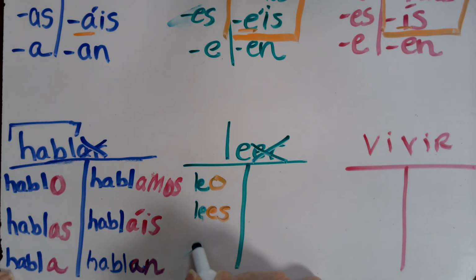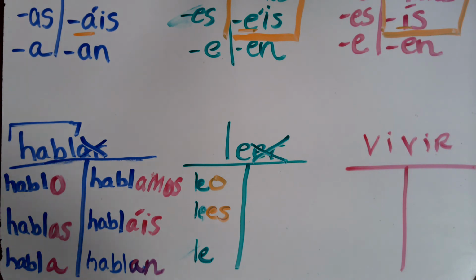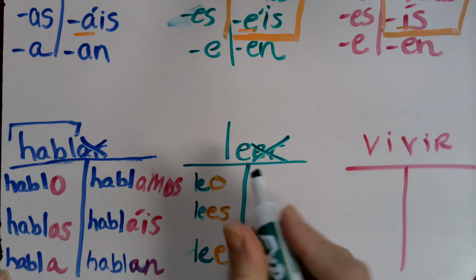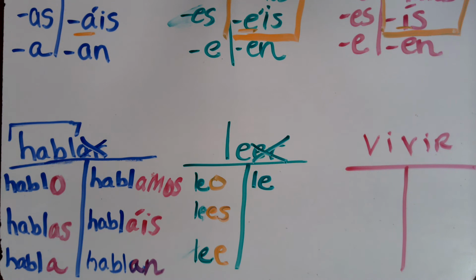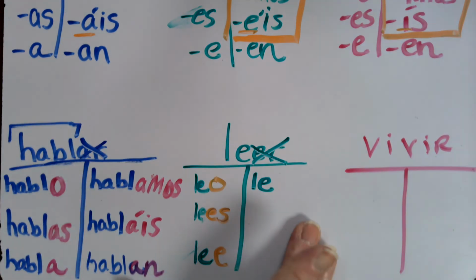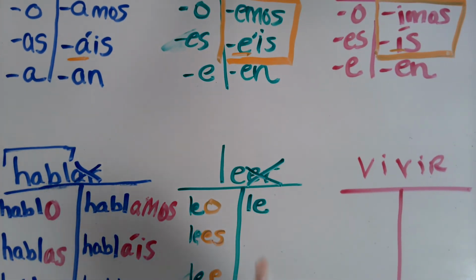For he reads, she reads, I'm going to start with my stem. Come up here and check. Okay, so my ending will be an e. So usted, él, ella lee, not "lee-e." For the nosotros form, I'm going to take my stem and I'm simply going to add the nosotros ending, which is emos.